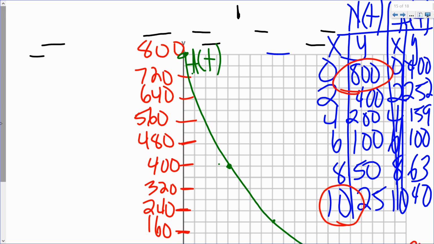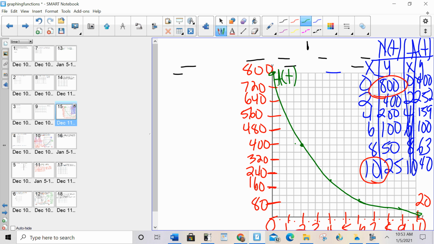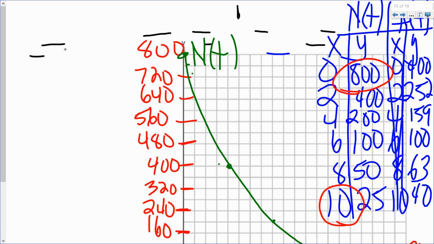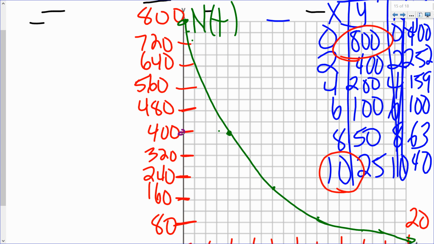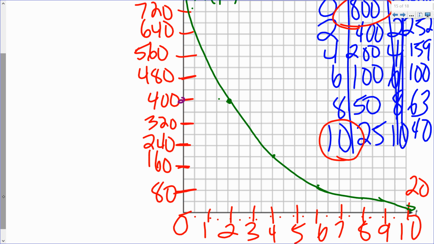Now let's go a different color. Oh, I'm sorry, that's n of t. And now let's go purple for A of t. 0, 400. 2, 252.